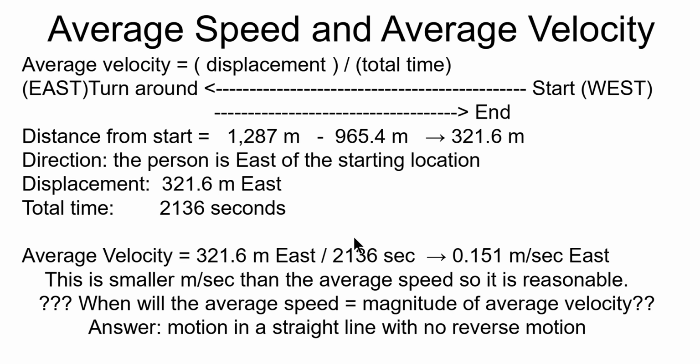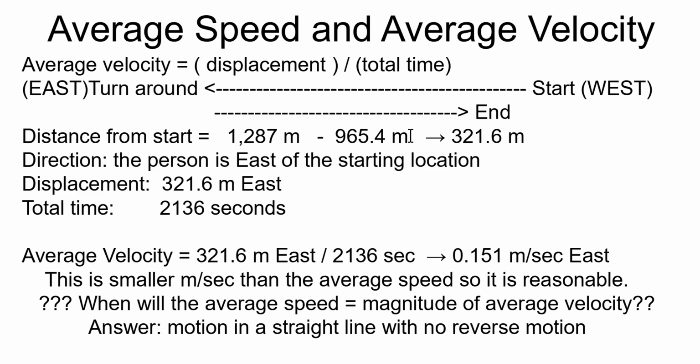Well, let's do this. The distance from the start, we know we traveled 1287 meters to the east. We know we traveled 965.4 meters towards the west. Those are the numbers coming from the miles that were given, that the person walked. So the net here is 321.6 meters.